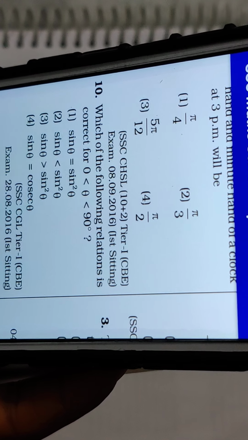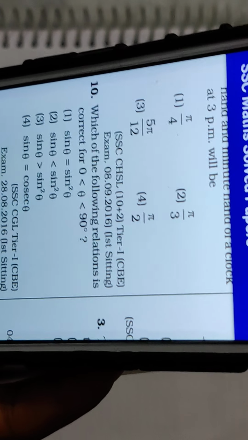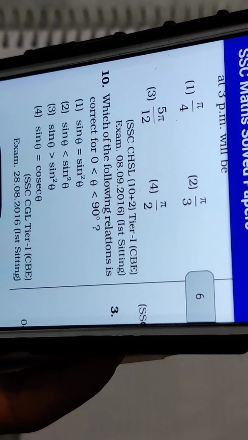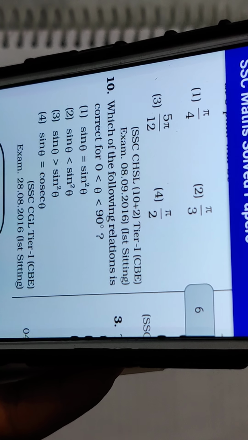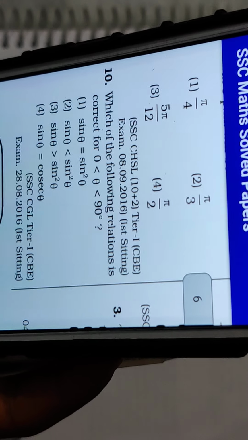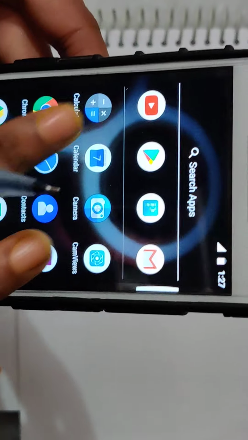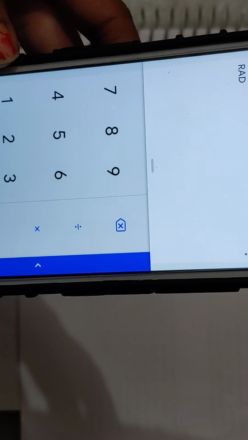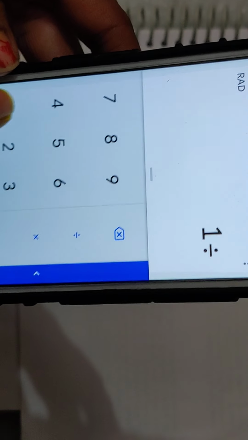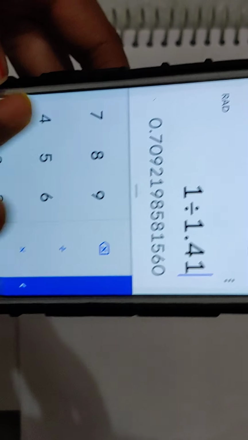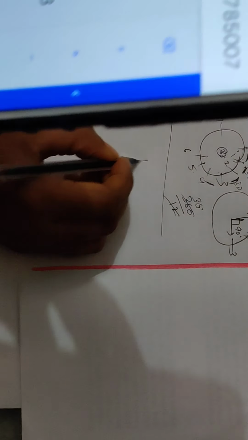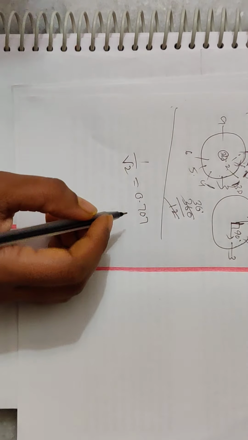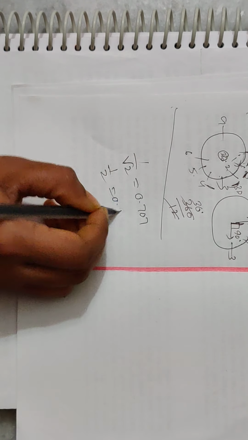Next, sin theta less than sin square theta. If you have any doubts, I will open the calculator and show you: 1 divided by 1.414, that is 1 by root 2, is 0.707. 1 by 2 is 0.5.